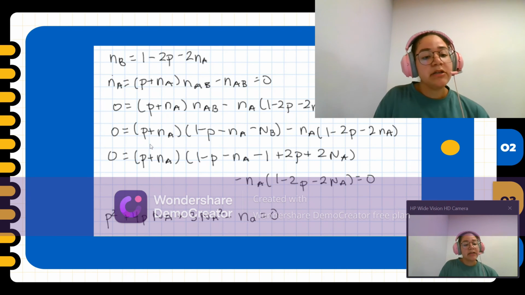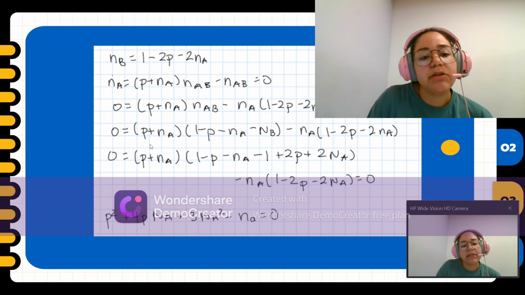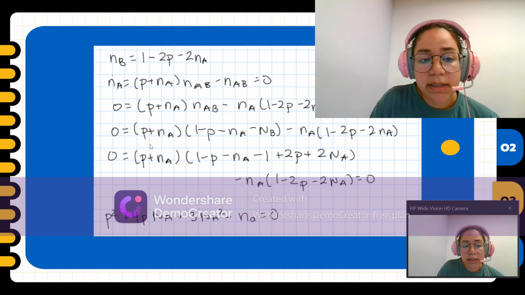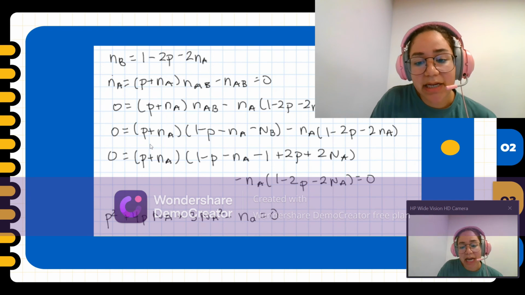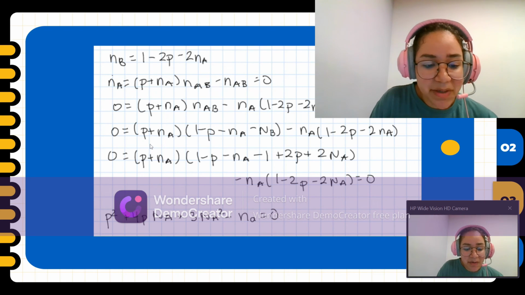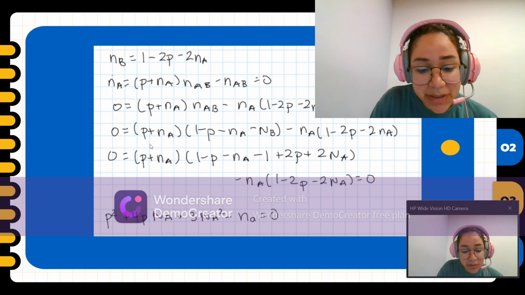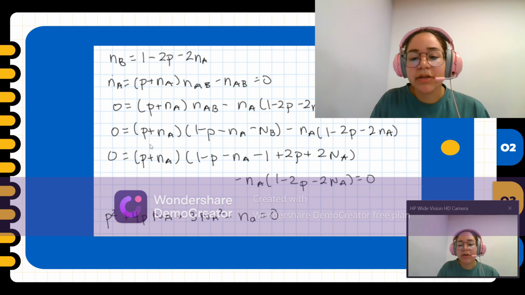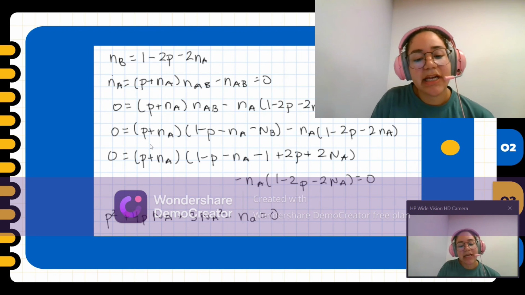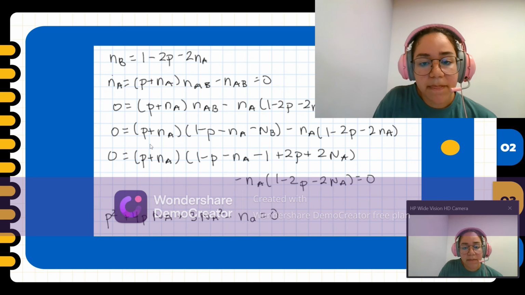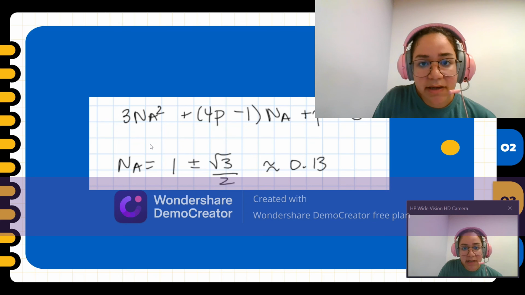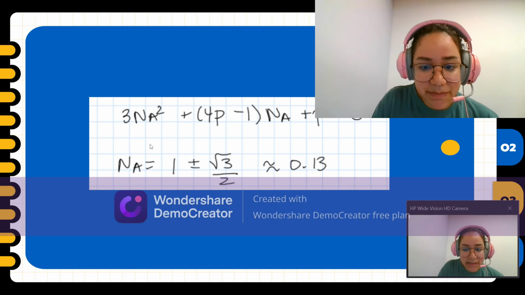Then with the second case, NB is equal to 1 minus 2P minus 2NA. We solve it. It was kind of a long process, but then we got P squared plus 4P NA plus 3NA squared minus NA is equal to 0. In order to solve for NA, we must use the quadratic equation. Instead of writing it all out, I decided to simplify it.